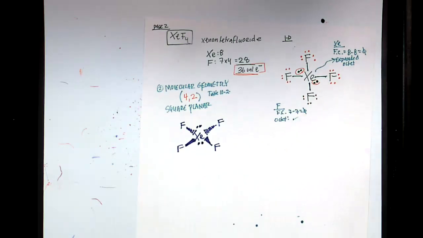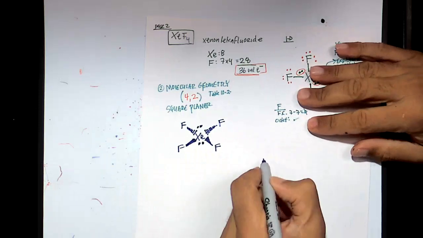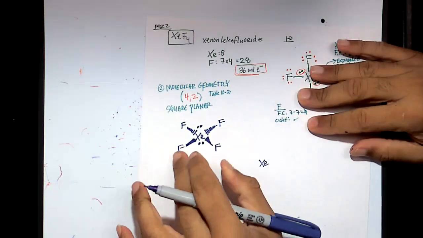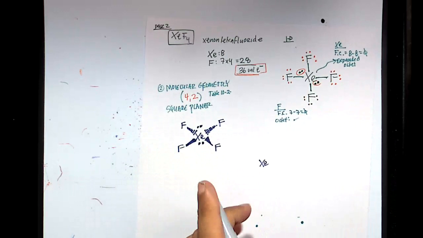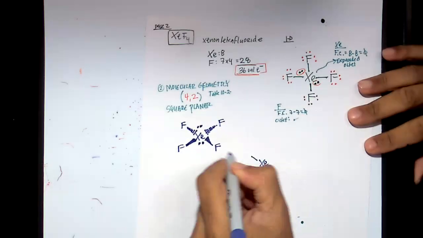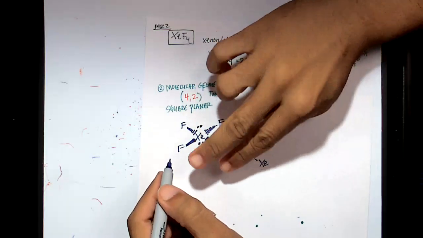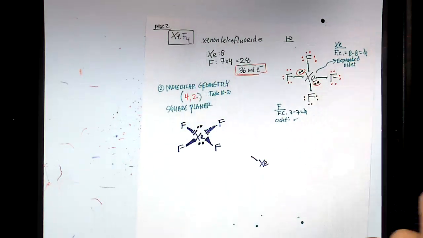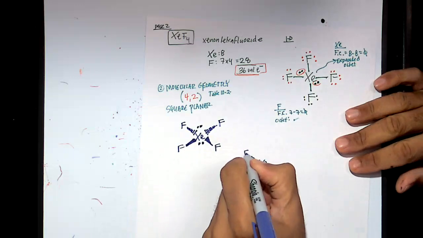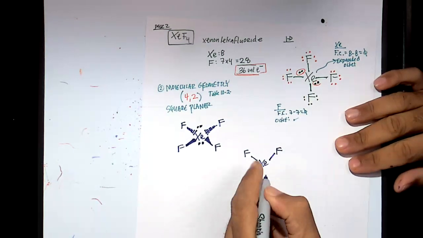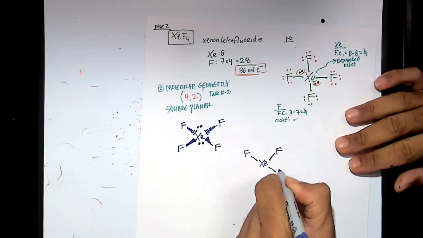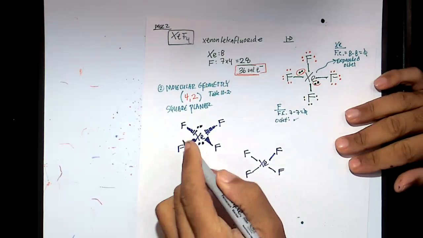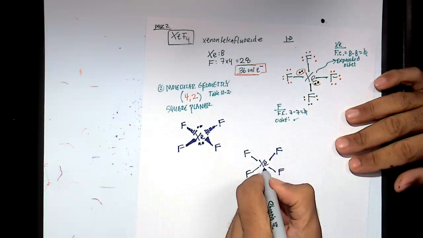Another thing I can do, if these 2 fluorines are coming towards you, if I do a 90-degree flip, you really have to think 3-dimensionally now. If I flip this 90 degrees, then they're going to be on the plane of the paper. And this pair of electrons will actually come towards you.